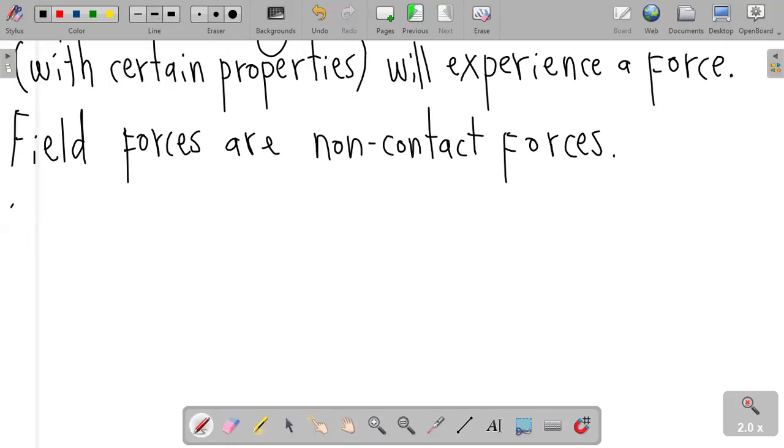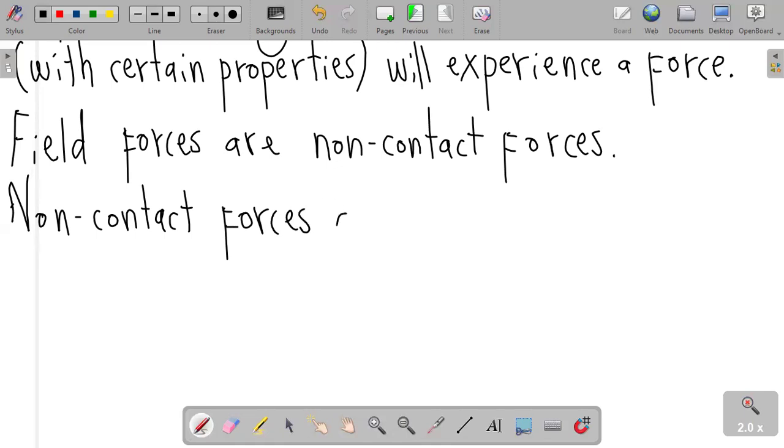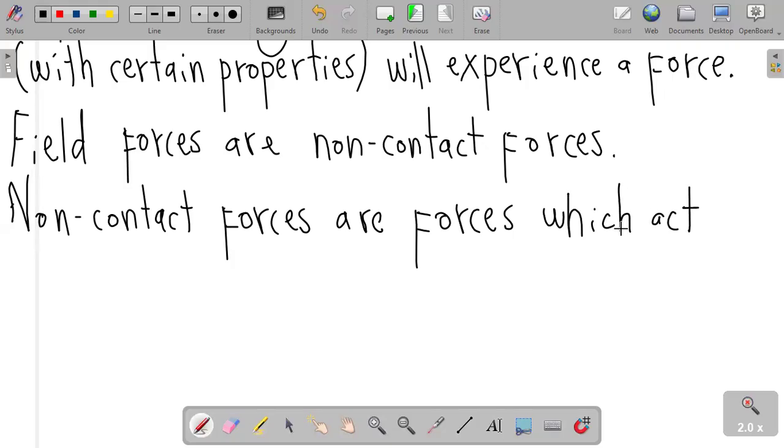Okay, we need to know that. Non-contact forces are forces which act over a distance.